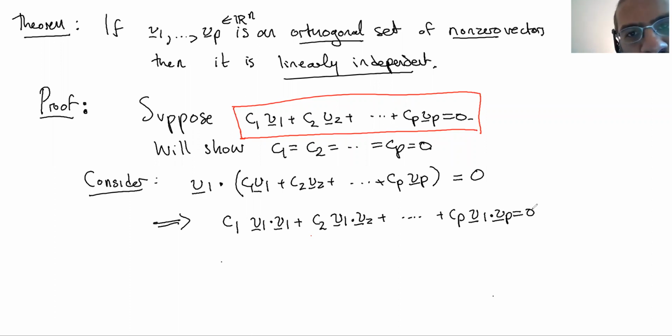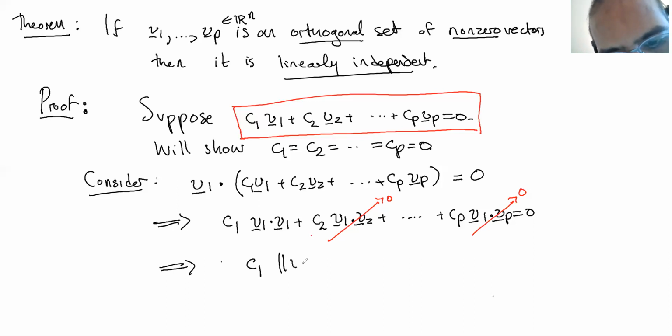But now, watch this. My main assumption was that the vectors are orthogonal. That means if you have two distinct vectors, the dot product is 0. So all these other terms go away, and I just get that C1 times the norm of U1 squared equals 0.